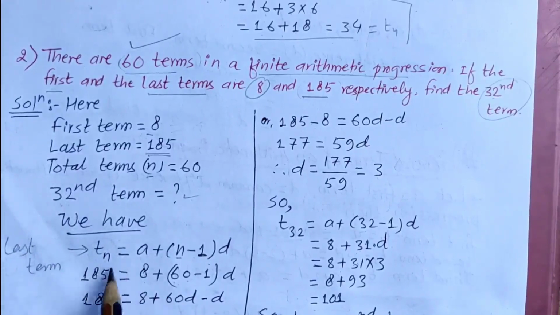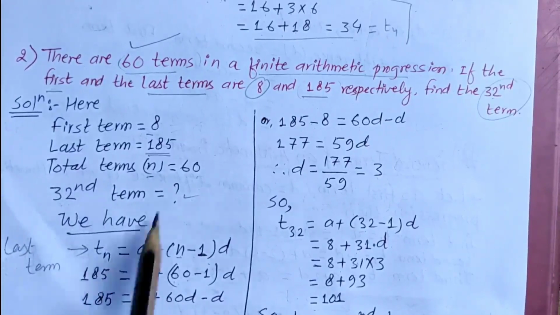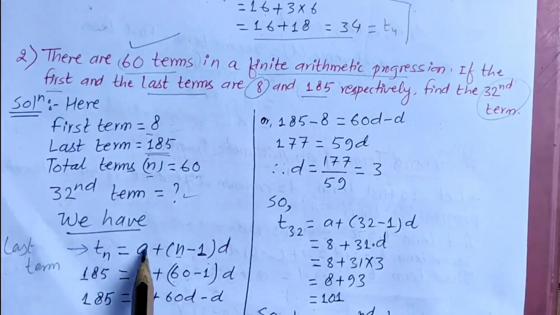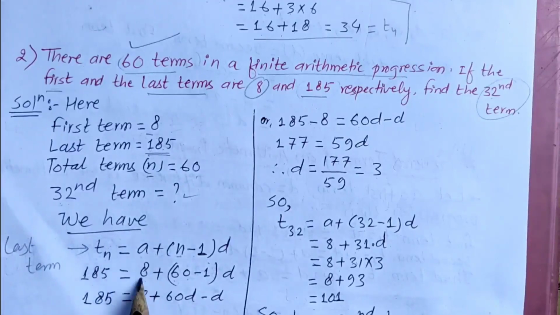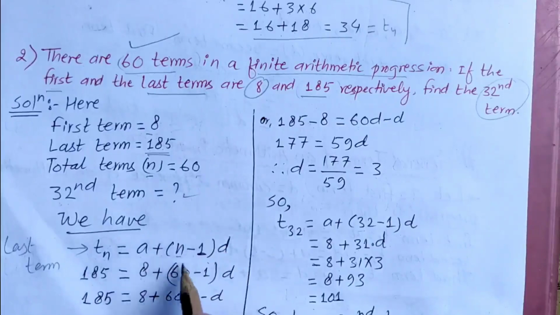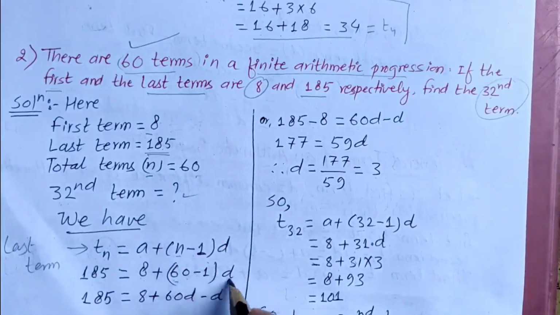The last term is denoted by Tn. In place of Tn, you write 185, is equal to, in place of a, you write a as it is the first term, and the total number of terms is 60, so in place of n, we write 60, minus 1 times d.